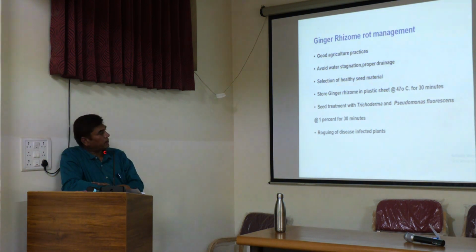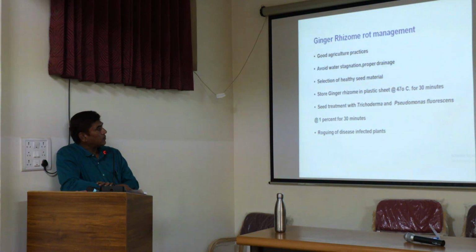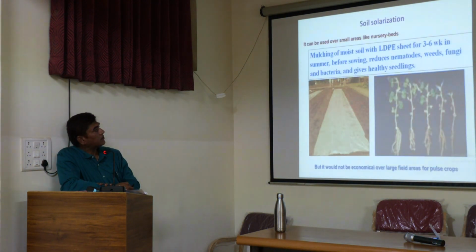Storage of ginger rhizome in plastic sheet at 47 degrees centigrade for 30 minutes kills the pathogen population in the seed material. Seed treatment with Trichoderma and Pseudomonas at 1% for 30 minutes. Again, roguing at an initial stage. Soil solarization.